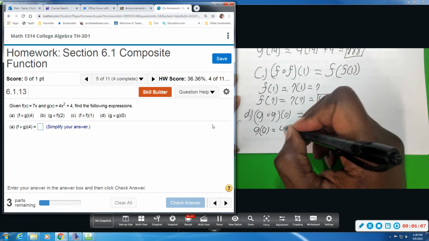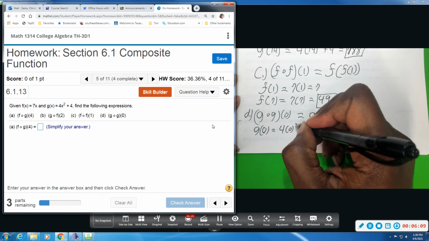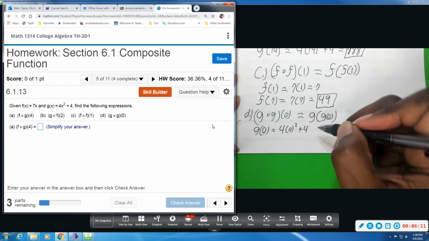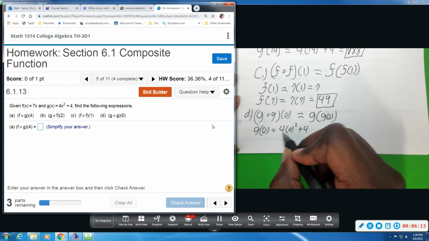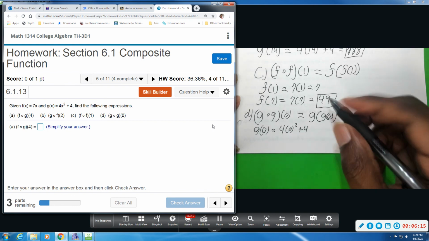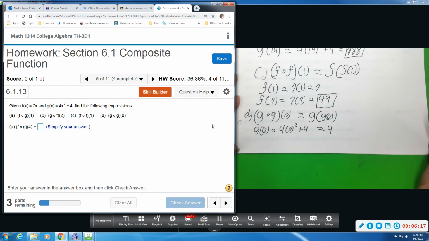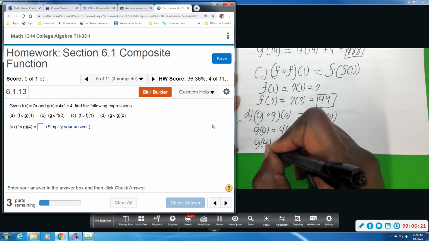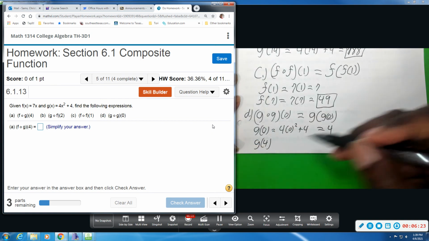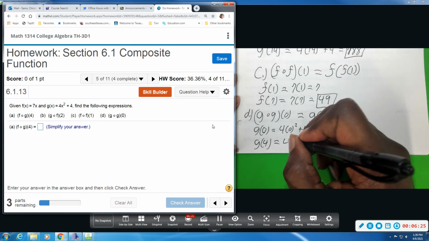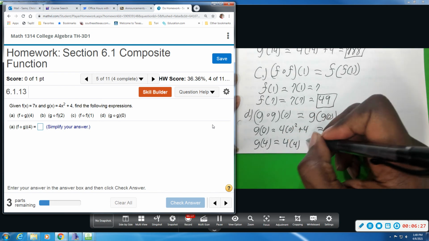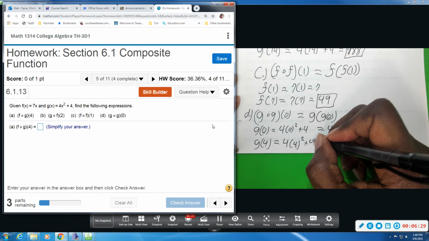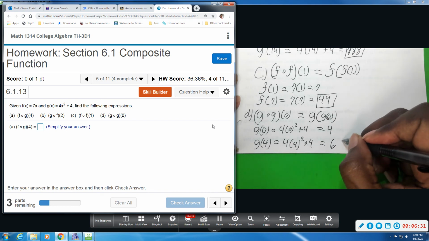That means 4 times 0 squared plus 4. 0 squared is 0, times 4 is 0, plus 4, so we just end up with 4. And then we end up finding g of 4. And g of 4, we found at the very beginning on the first problem, and we got 68.